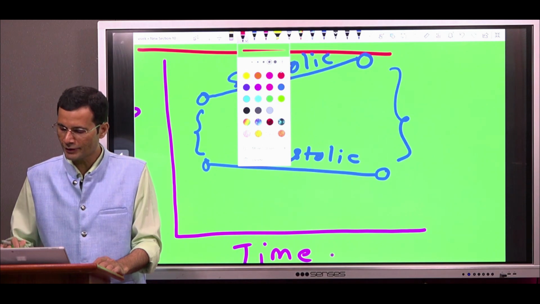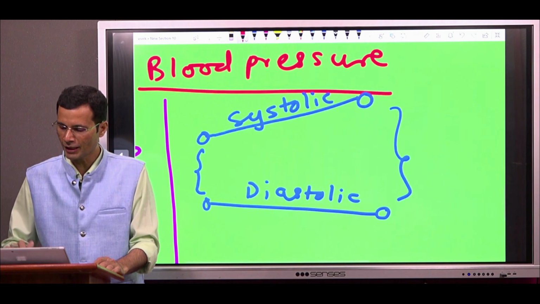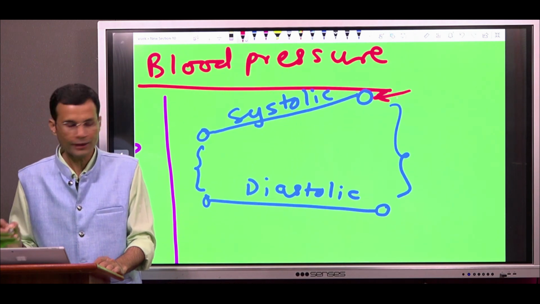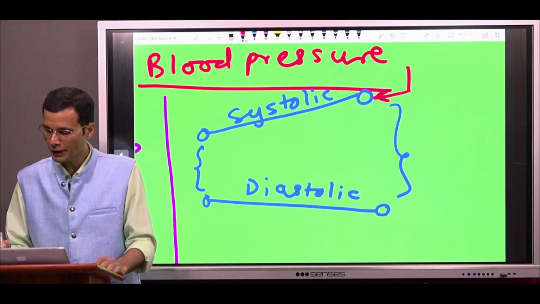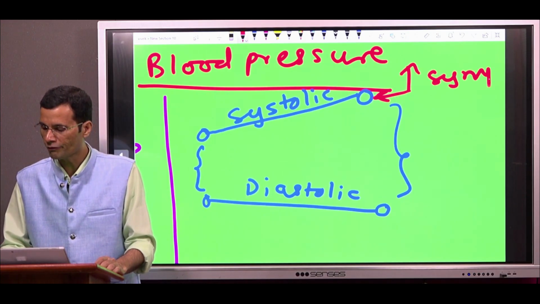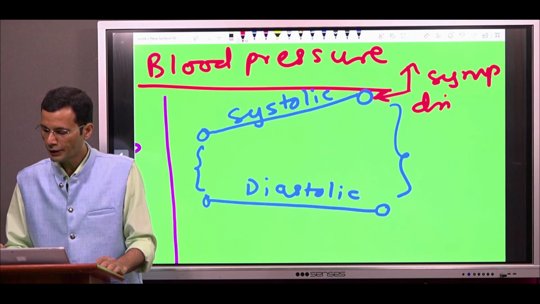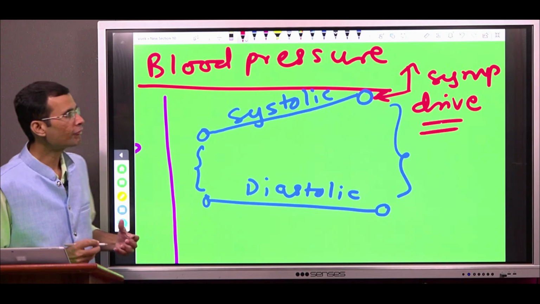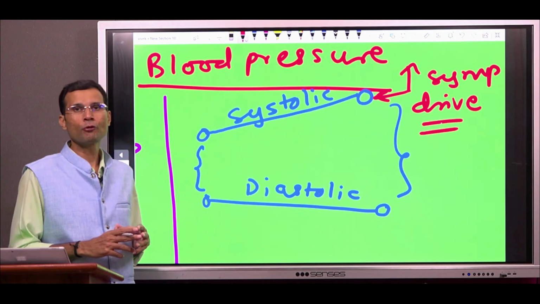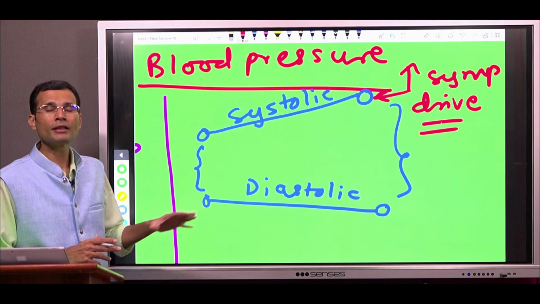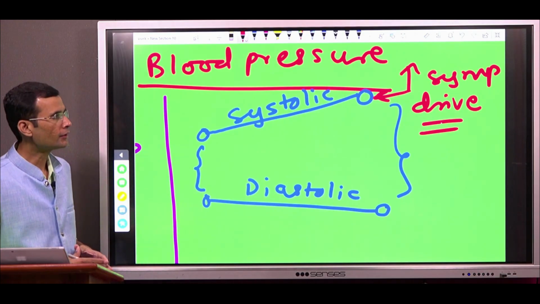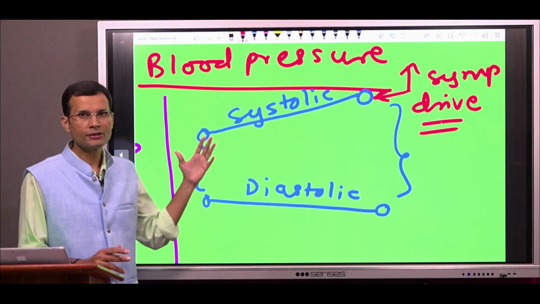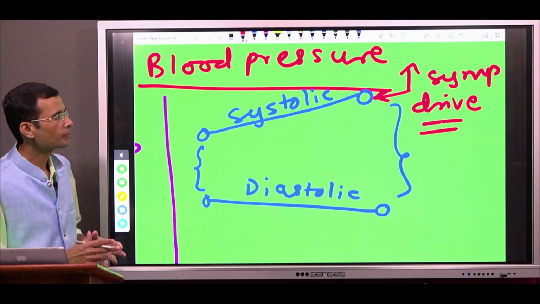Systolic BP increases, quite understandable, because we have already said there is increased sympathetic drive to the heart, and therefore there is increased force of contraction of the heart, and systolic BP will increase.